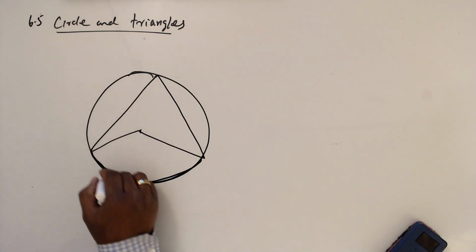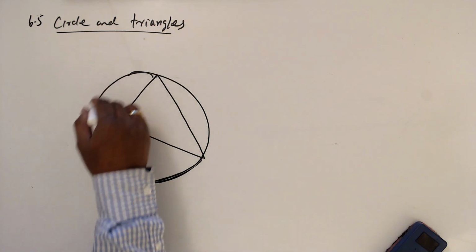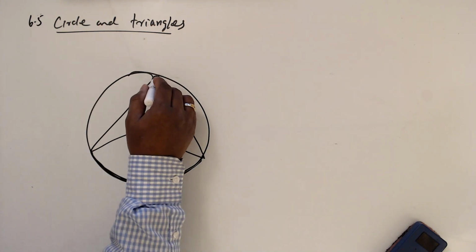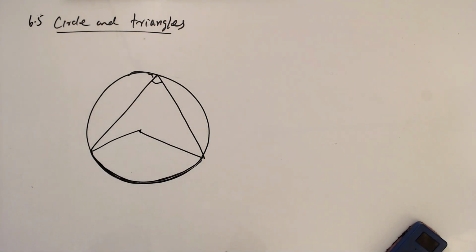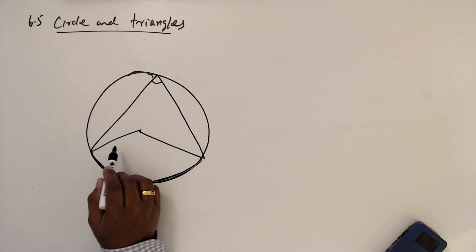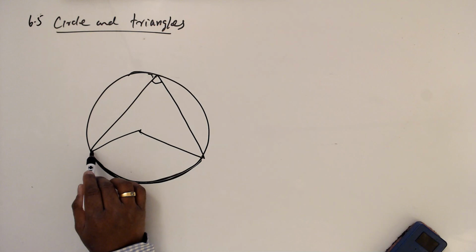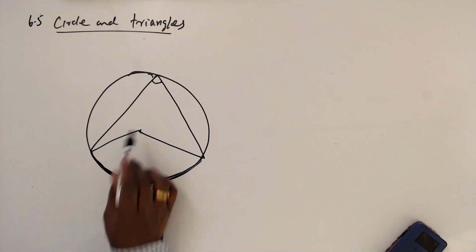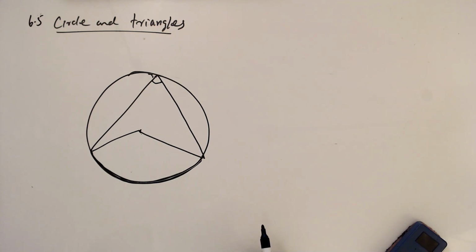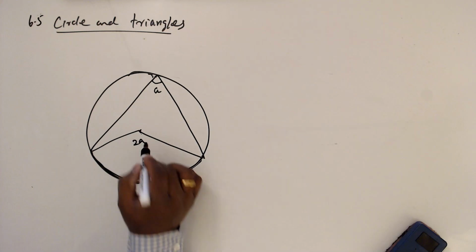The angle subtended by an arc at the circumference is half of the angle subtended by the arc at the center. In other words, if this is A, this is 2A.